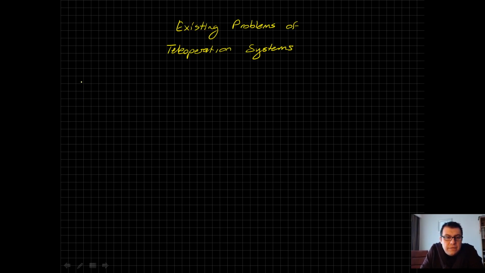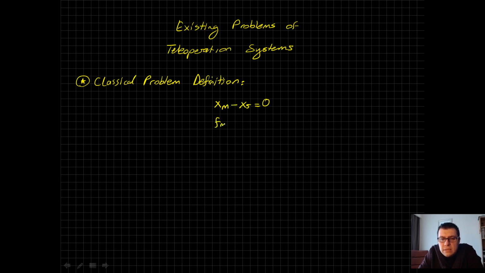Let me write here first. Classical problem definition. The teleoperation problem can be stated this way: x master minus x slave is equal to 0, and f master plus f slave is equal to 0.